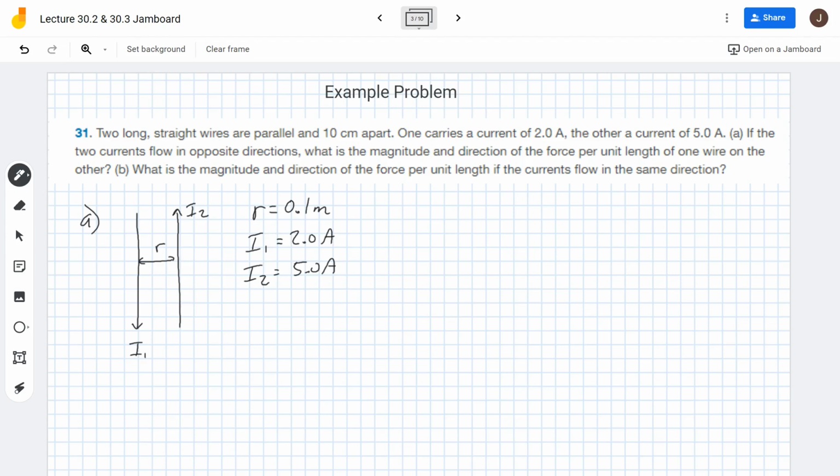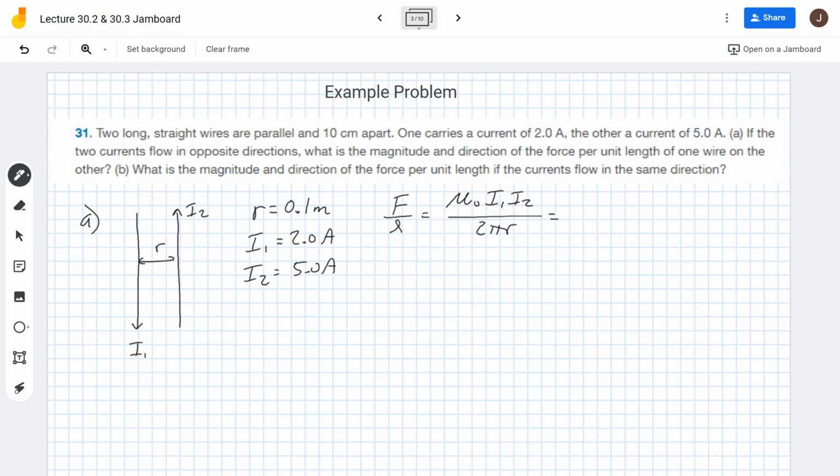The first thing they're asking us to do is just find the magnitude of the force per unit length, and then of course we'll find the direction after that. So let's go ahead and write out the equation for force per unit length from the previous page. So that's going to be mu naught I1 I2 divided by 2 pi r.